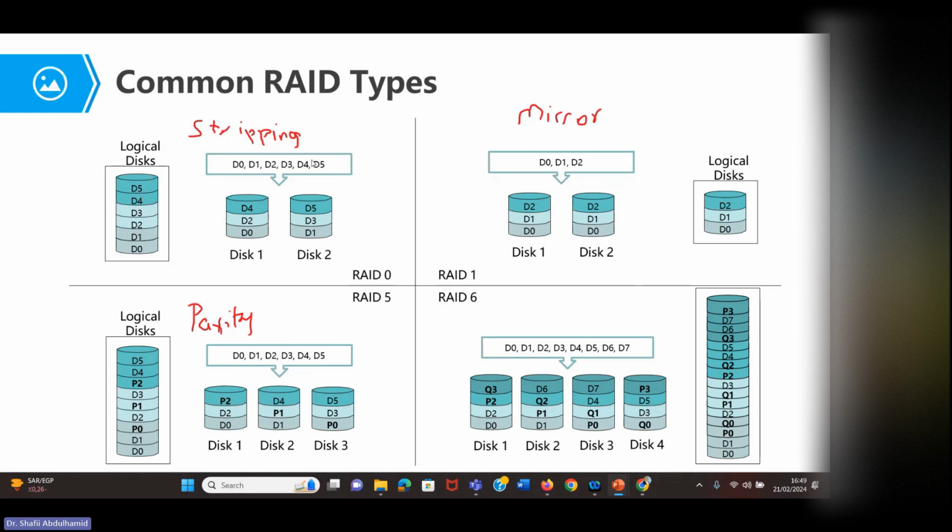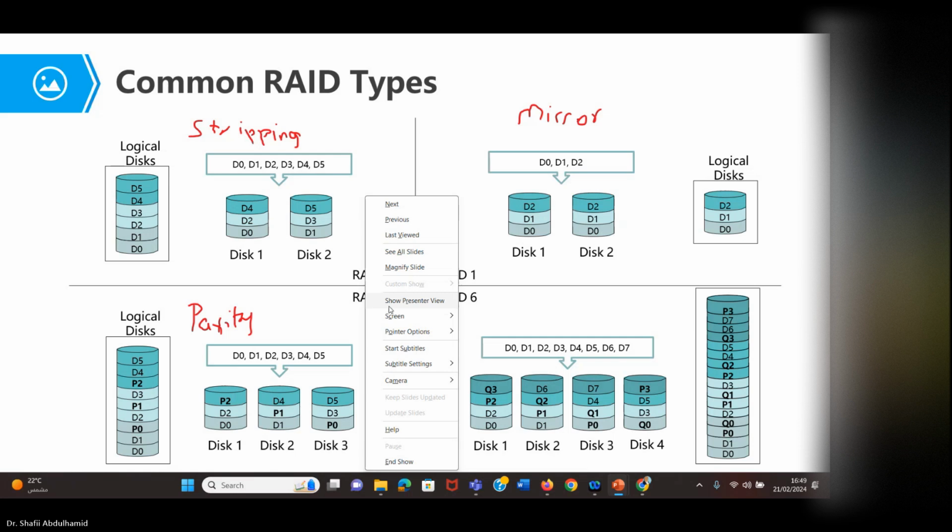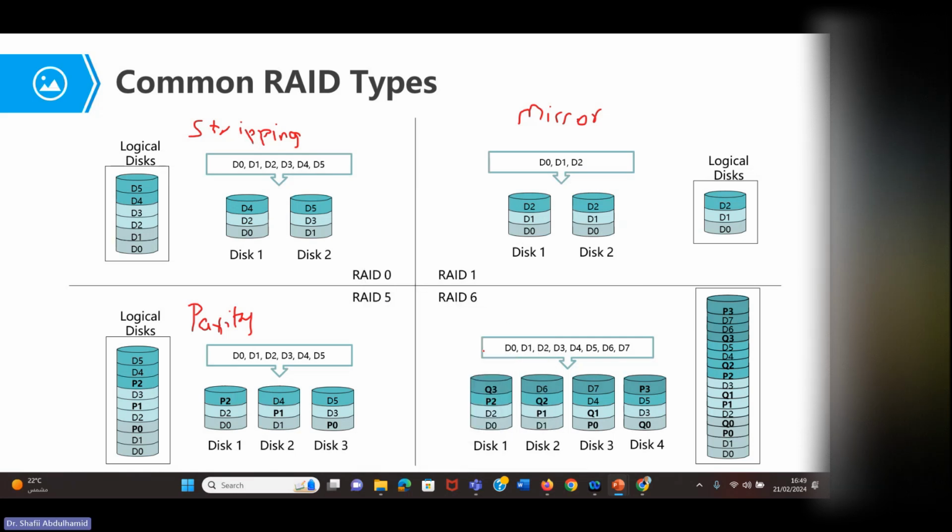However, because it goes through striping, the data stored will be stored in two different logical disk spaces. So if you have a file that is 2 gig, 1 gig will be stored in one logical disk space, and the remaining 1 gig will be stored in the other. Let me go back to my pen.